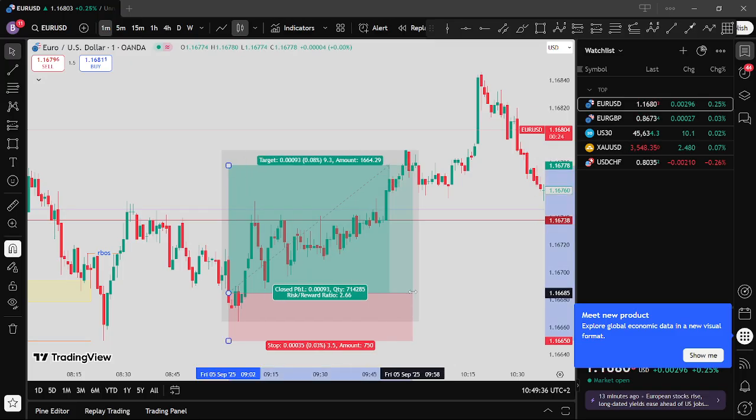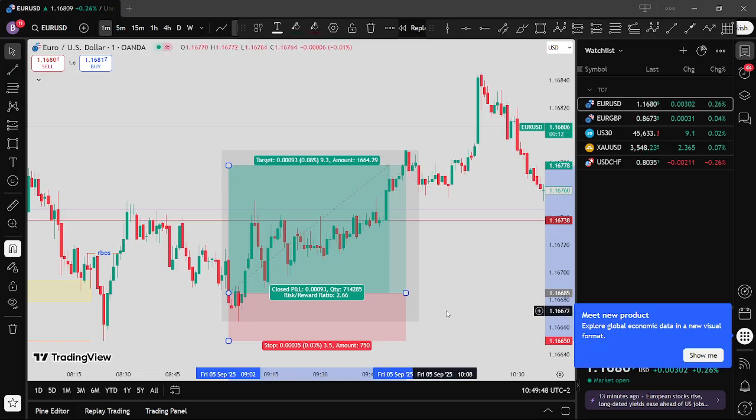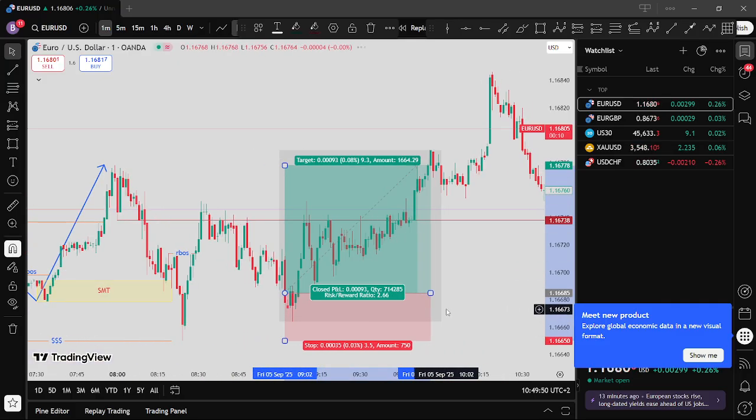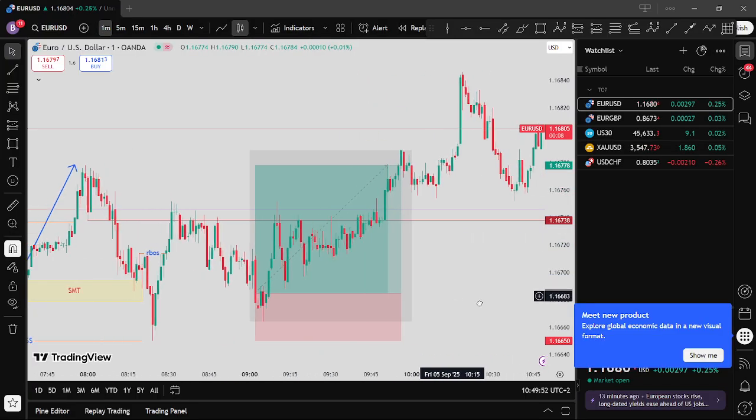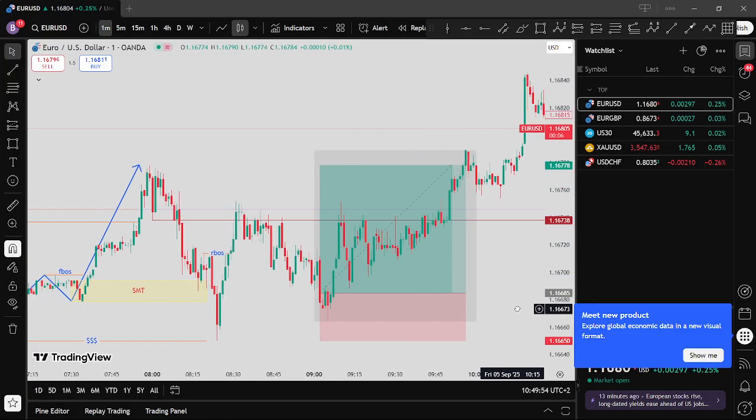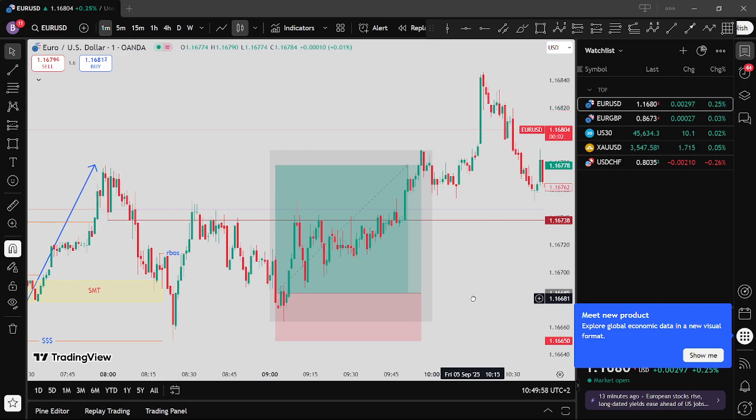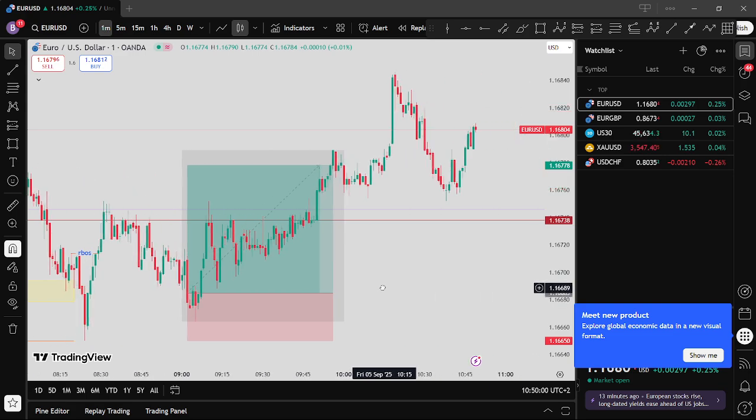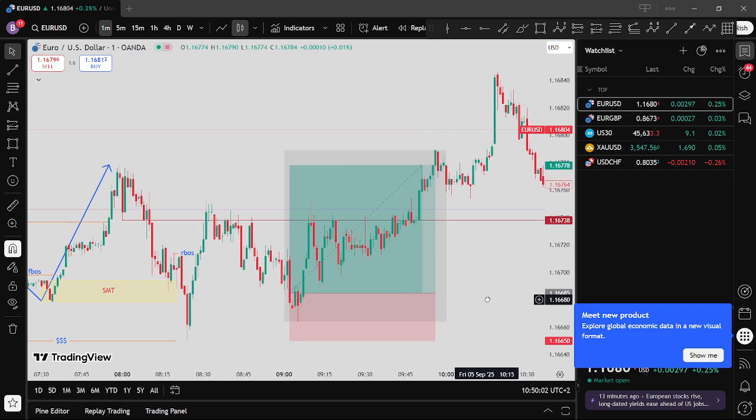I think on my broker it actually hit here, so till 9:56. That's almost an hour, bro. That's 54 minutes. But it's better than my old strategies where I'd wait days for something to just hit stop loss. So now at least I know within an hour whether I'm hitting stop loss or I'm hitting TP.